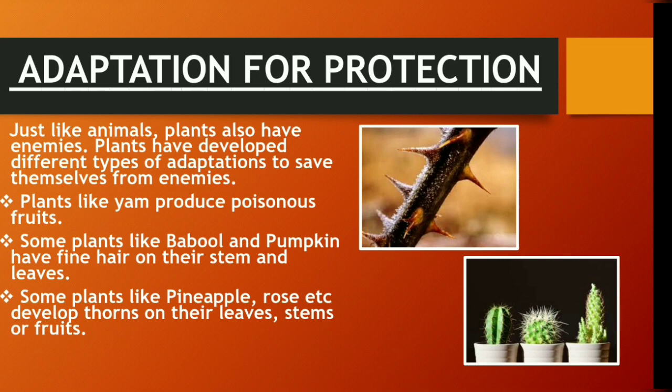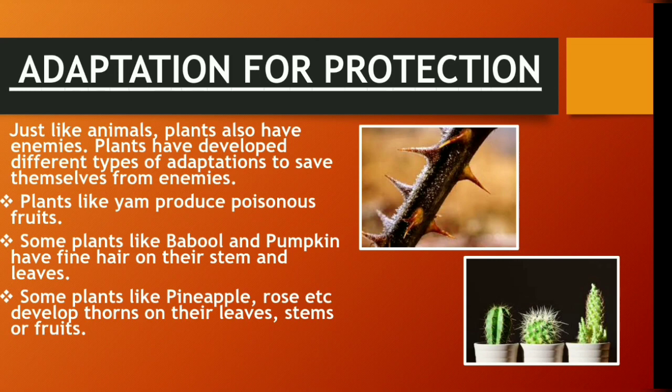Similarly, plants also develop some special features to protect themselves from enemies. Plants like yam produce poisonous fruits. Some plants like babul and pumpkin have fine hair on their stem and leaves. This fine hair on their body creates itching on the animal or any human being who is touching that plant.